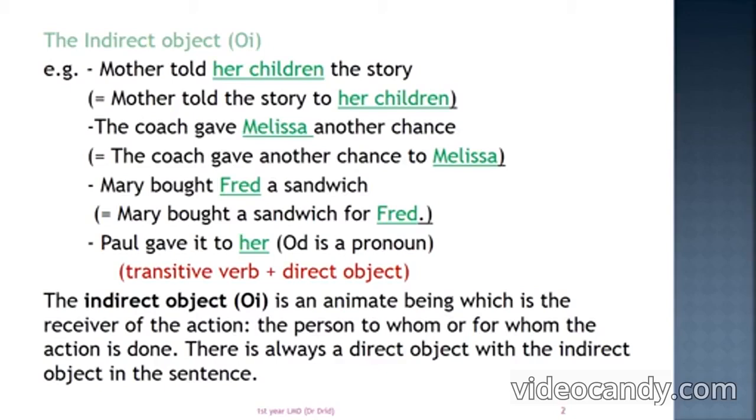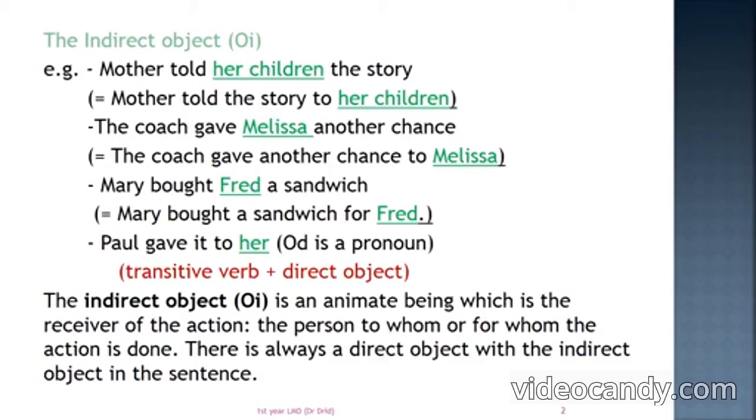The indirect object, OI, capital O, small I, is an animate being. It means a human being or an animal, which is the receiver of the action. In other words, the person to whom or for whom the action is done. And there is always a direct object with the indirect object in the sentence.